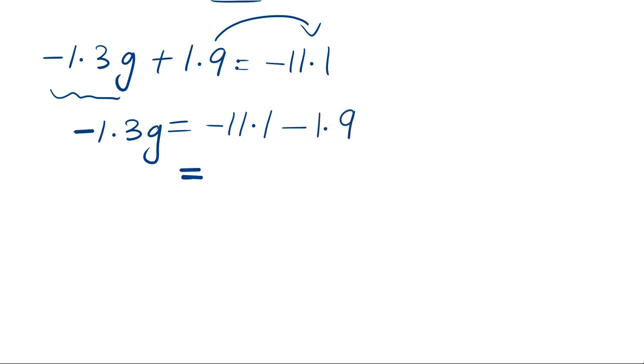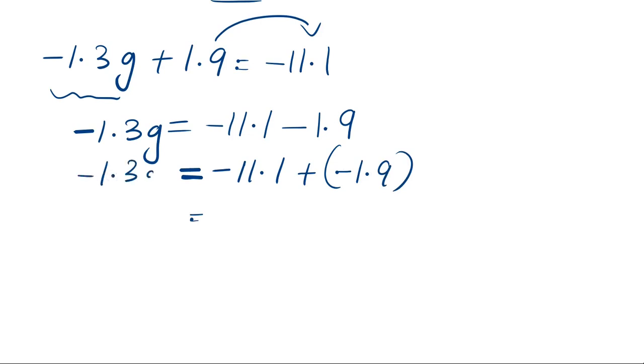Here both numbers are negative, so the answer is also negative. So according to the integer subtraction rule, the right side changes to negative 11.1 plus the opposite of the second number, negative 1.9. So here both numbers are negative, so the answer is negative.